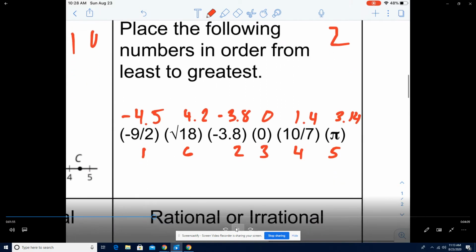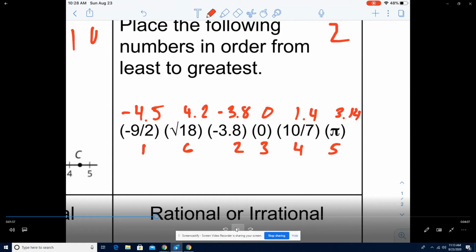When you go back through, you write them in order, but in the original form. So it'll be negative 9 halves, then negative 3.8, then 0, then 10 over 7, then pi, and then square root of 18.